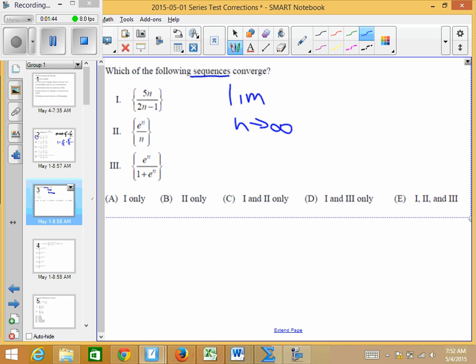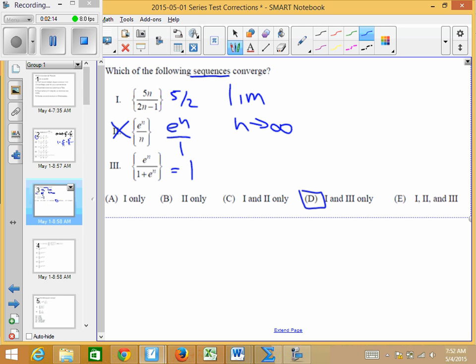If we put 5 halves, this one, 2 over 3, what do they have to be? We have to do 1, so this one converges to 1.